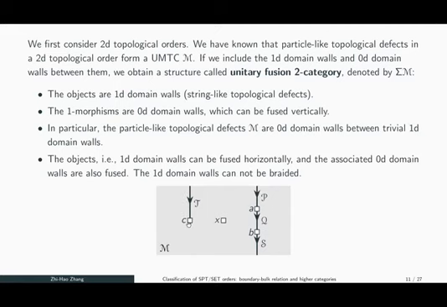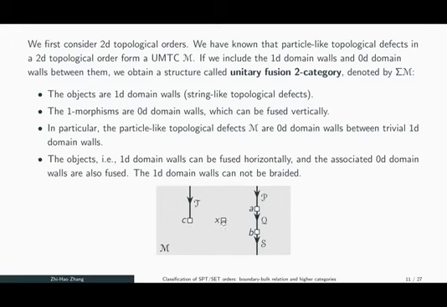They are one-dimensional in space. And the 1-morphisms are 0D domain walls between these 1D domain walls. For example, A is a morphism from P to Q, and B is a morphism from Q to S. And for T, there is a morphism C, from T to the trivial domain wall. Here, the trivial domain wall does not appear.